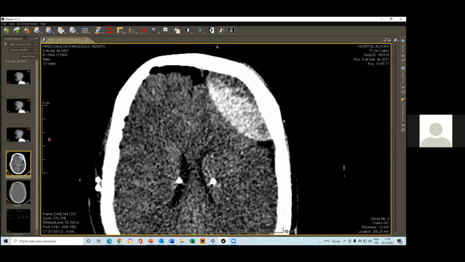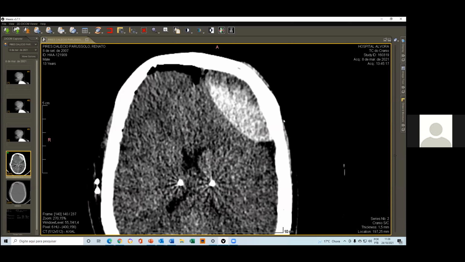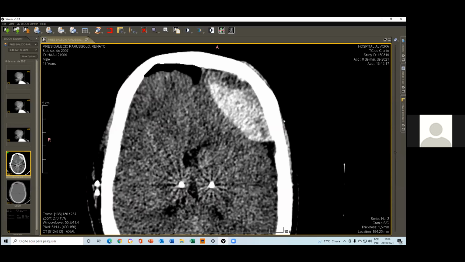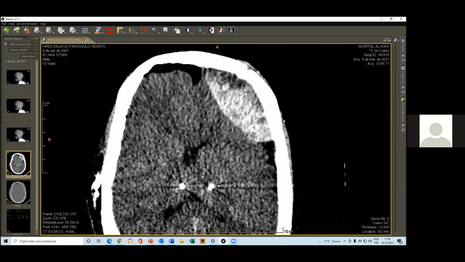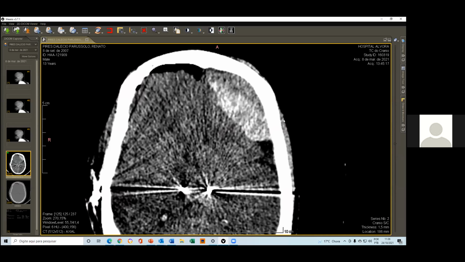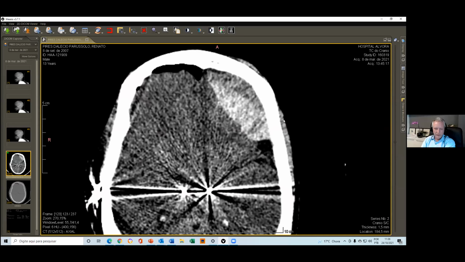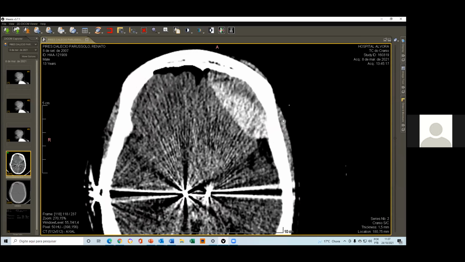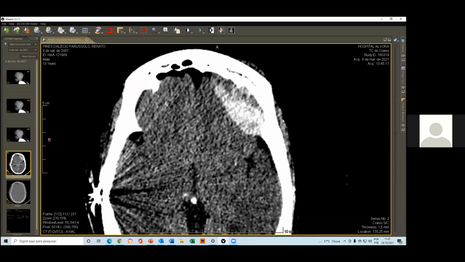So the complication is not from the depth electrodes, it is from the fixation frame, isn't it? Oh yeah, it's not related to the borehole for the DBS electrodes. It's from the frame.